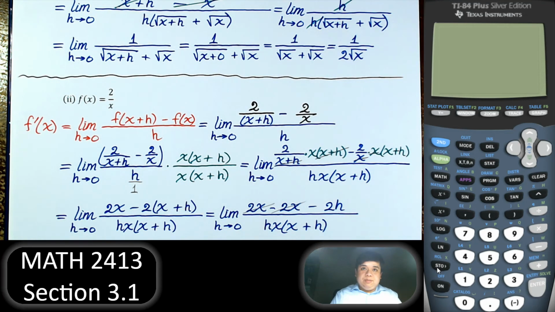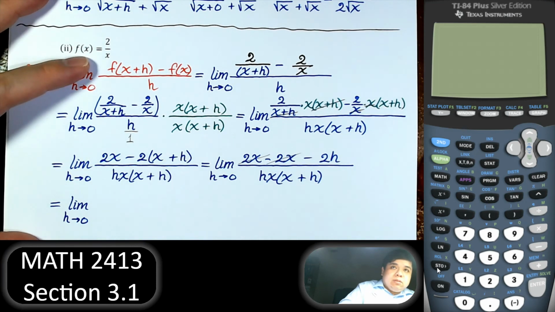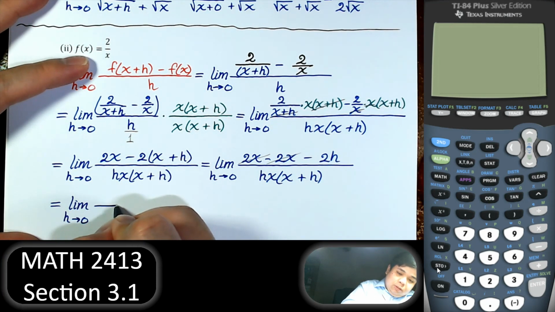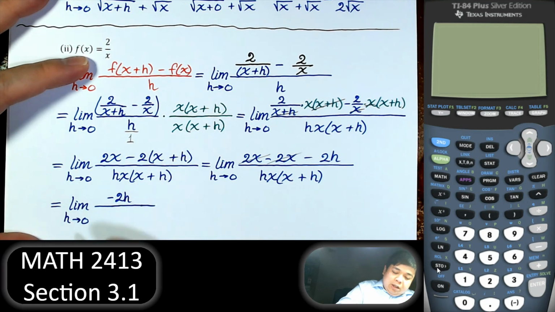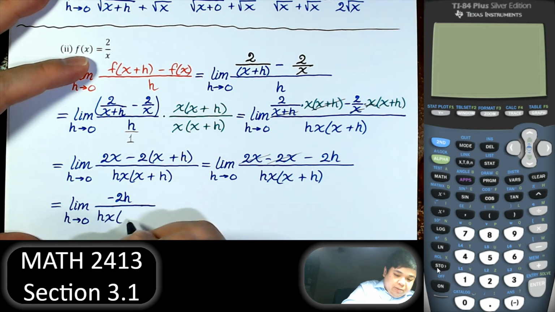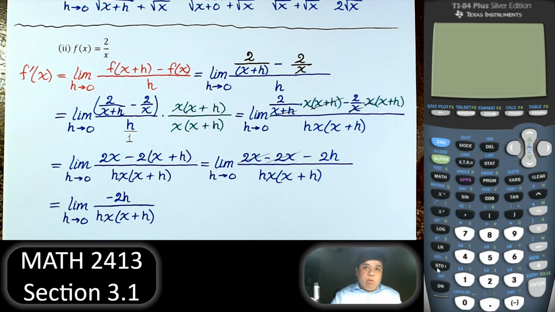That's good there. So we're left with negative 2h. The denominator still stays the same. So that's the first thing we see.